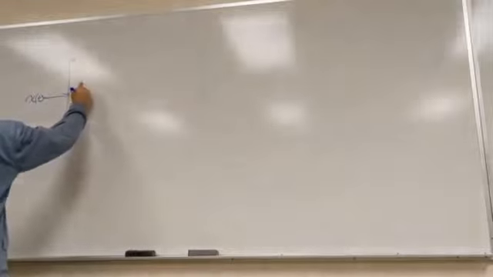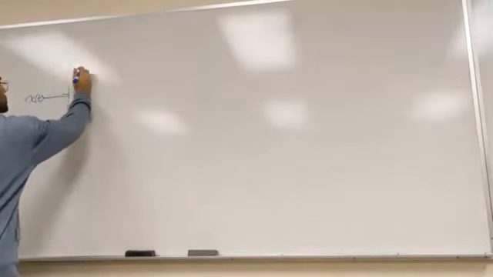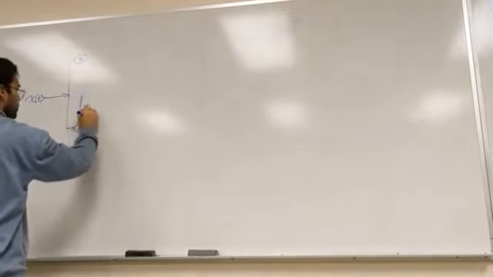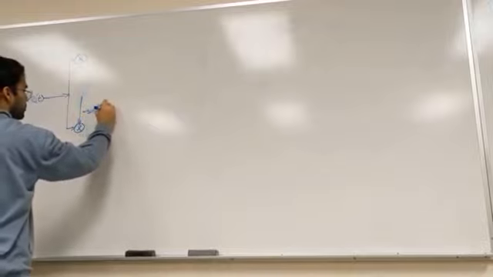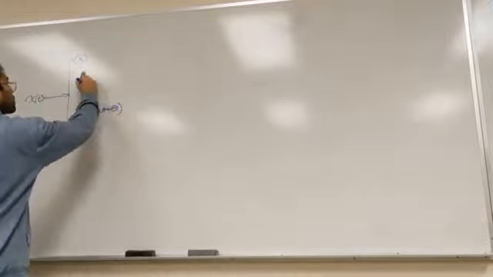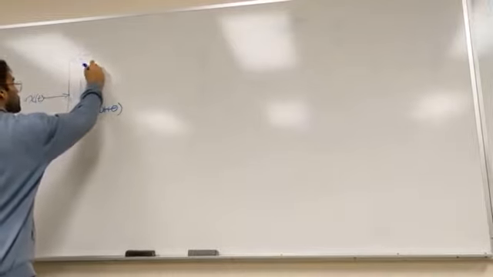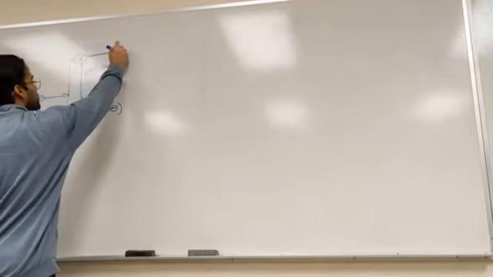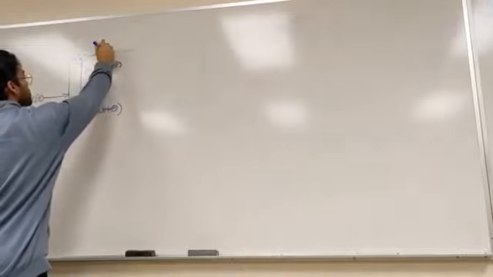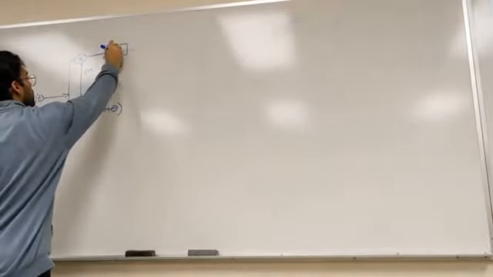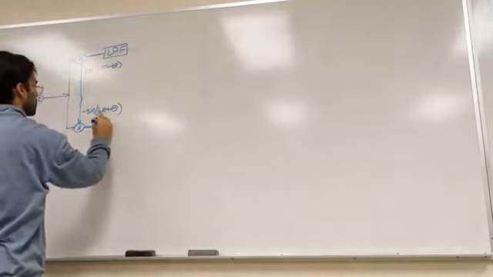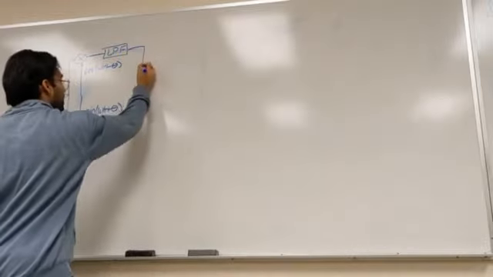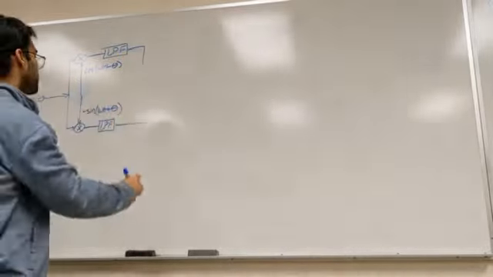The first thing that happens is it's mixed with a sine and a cosine. And then it's low pass filtered. And then we multiply them together.